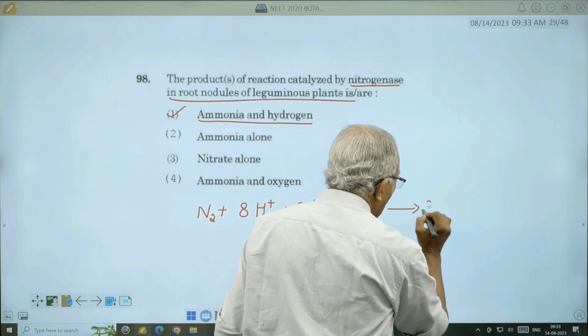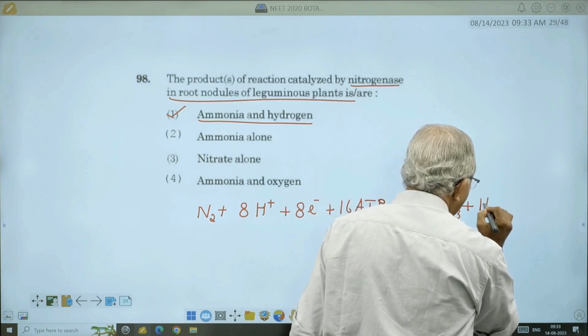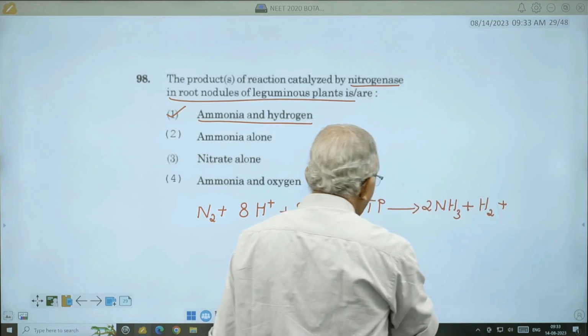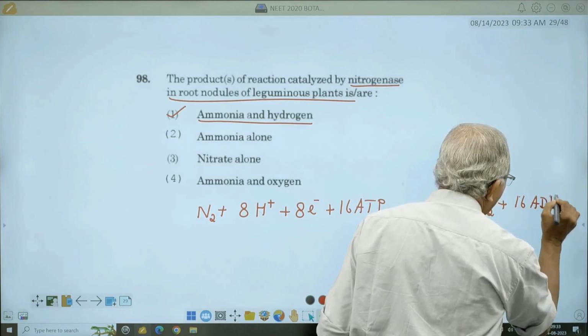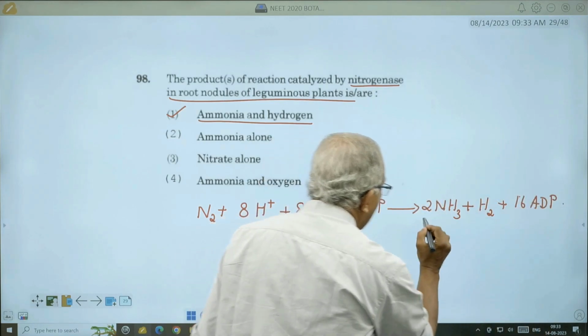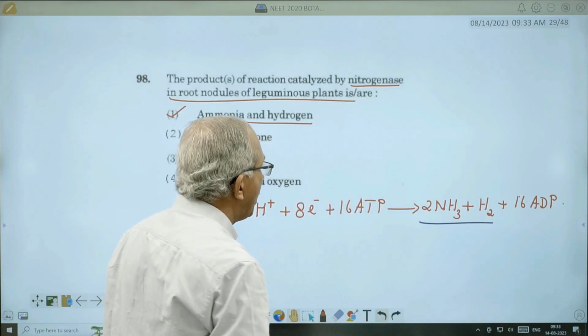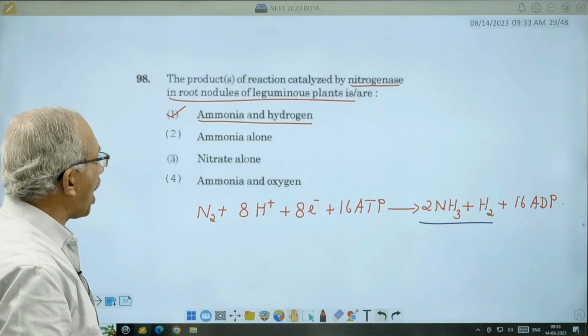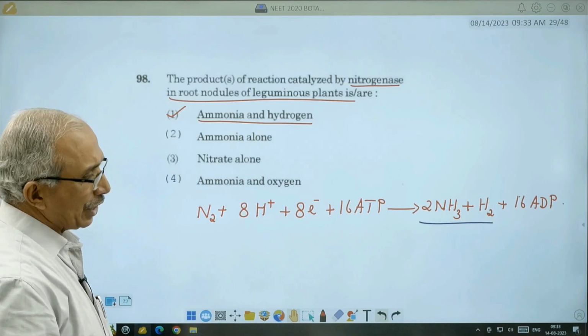It gives two molecules of ammonia plus hydrogen, after utilizing the energy, 16 ADP. The products are two molecules of ammonia and hydrogen.